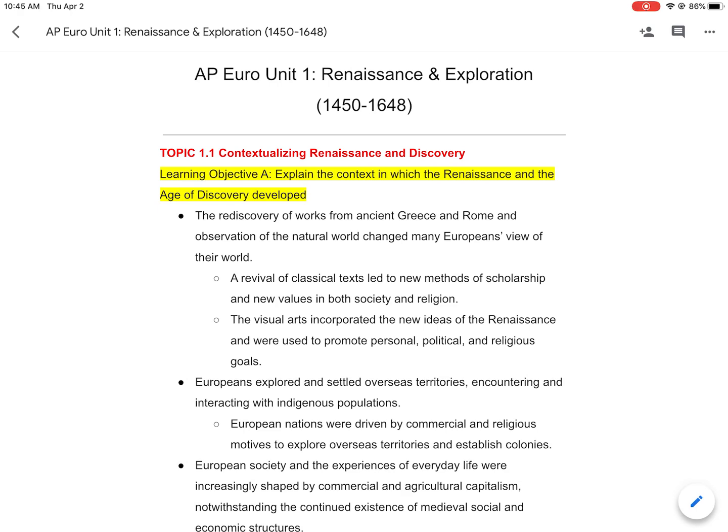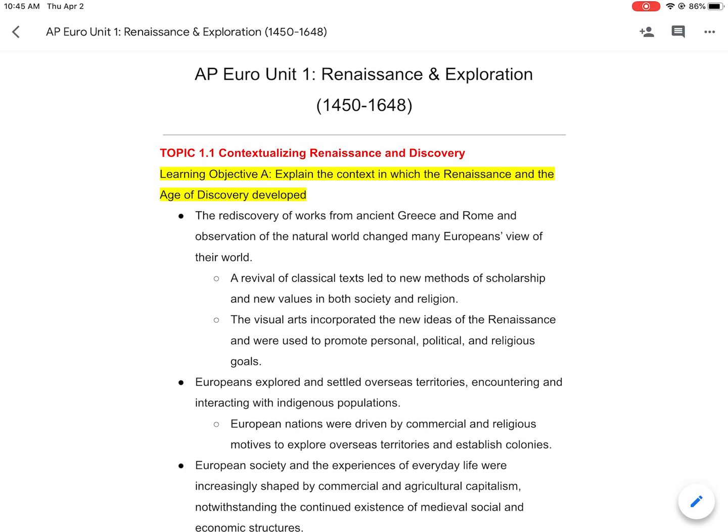Also, we're going to spend a whole bunch of time talking about the religious impact that happens from 1450 to 1648 on another review. I'd like to point out again, this is just a review for Unit 1, Renaissance and Exploration. There are other topics that happen between 1450 and 1648, but those will be covered on different reviews.